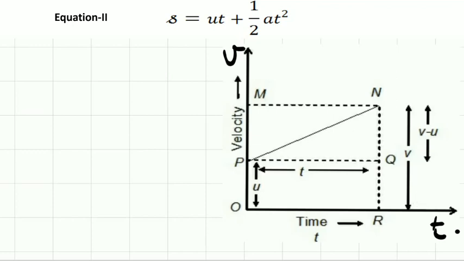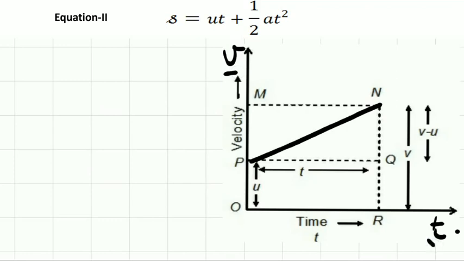Okay, watch here. So this is our graph p to n. In the second equation of motion, s is equal to ut plus half at square, s is displacement. It means we have to calculate the displacement over here. So how to calculate the displacement with the help of velocity time graph?